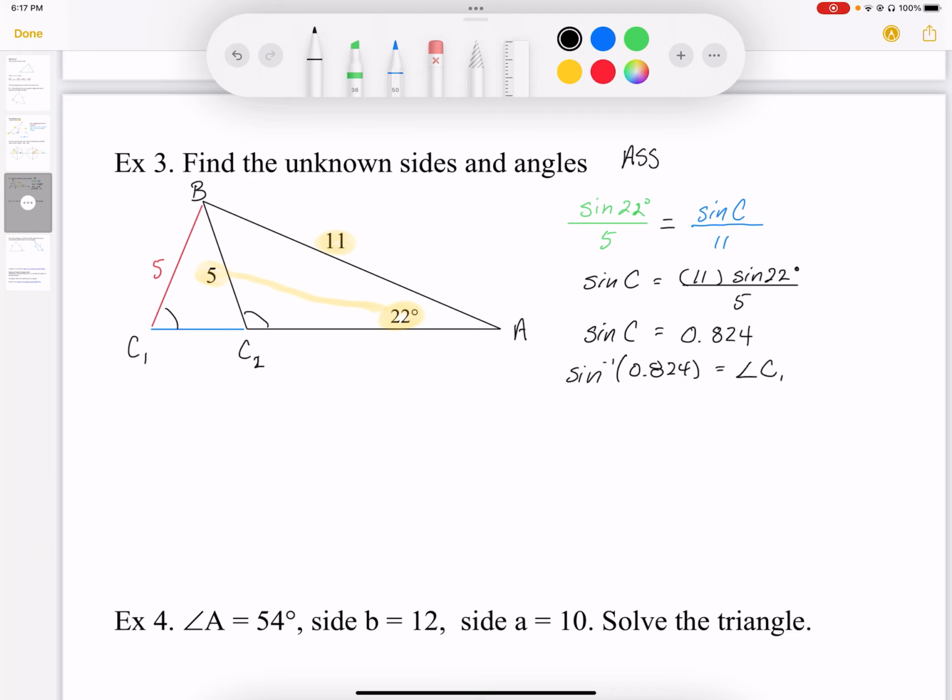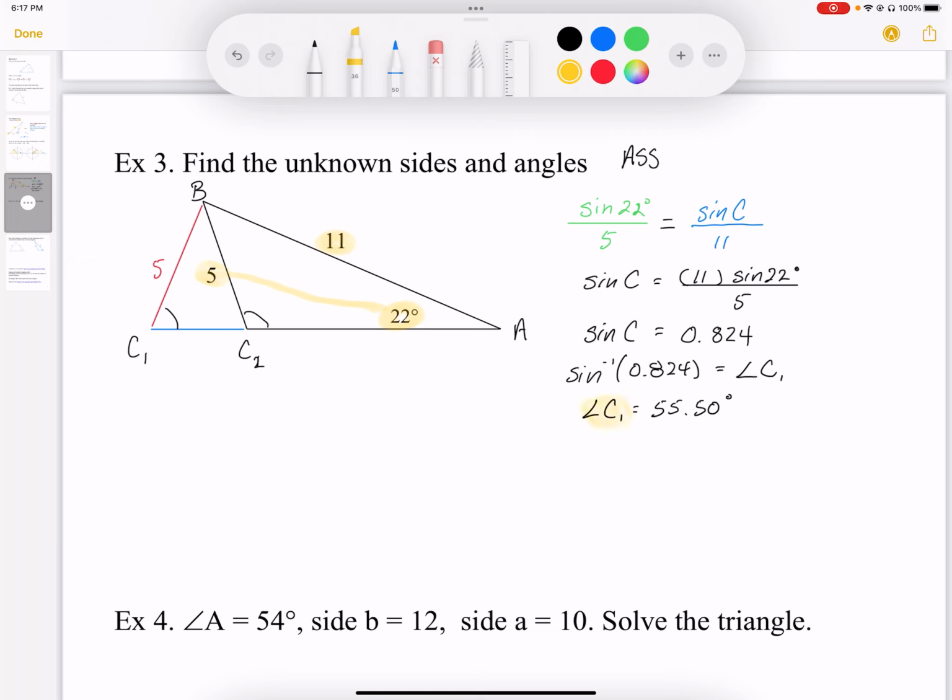And I call that C1 because when I solve for it, you're going to see that that angle always ends up being acute. So angle C1, using the arc sine, I'm going to end up with 55.50 degrees. So that angle in here, I'm just going to highlight that.